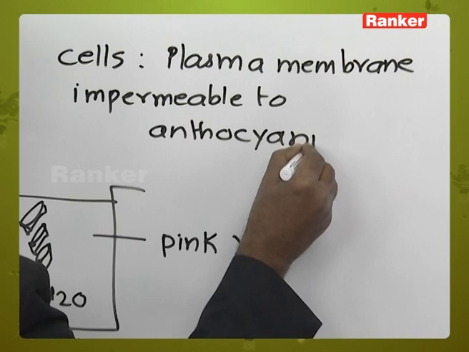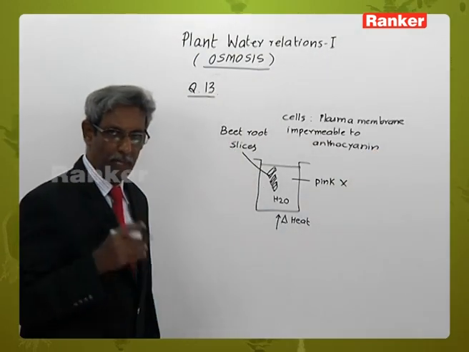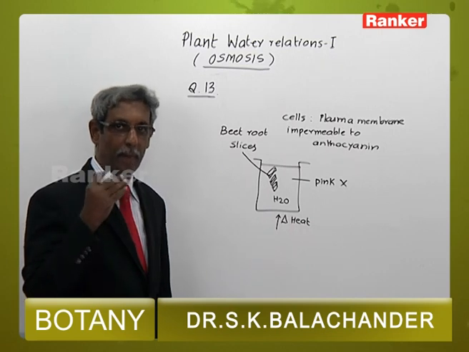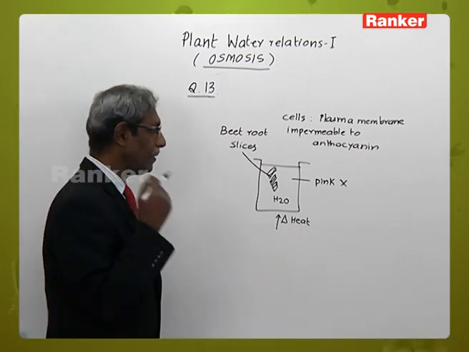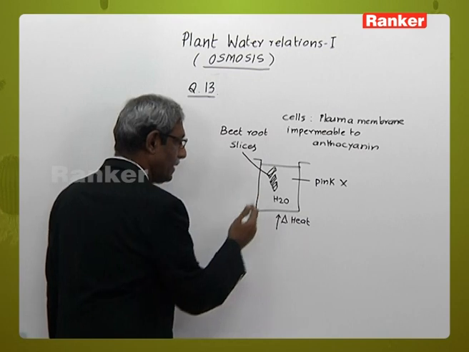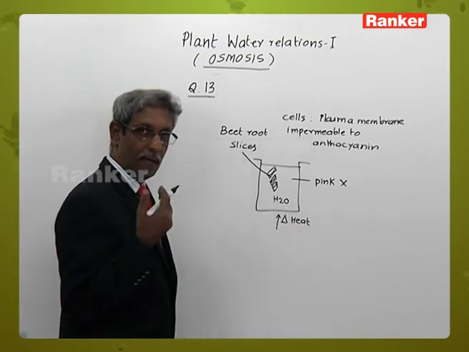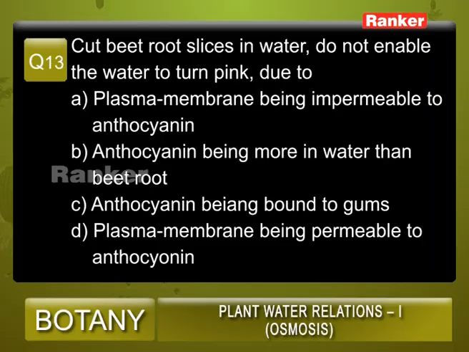That is, the anthocyanin or the red pigments present in beetroot cannot penetrate the plasma membrane or break the plasma membrane of the beetroot cells. Thereby, the red color does not efflux and cause colored water. Hence, among the choices, the answer is A.